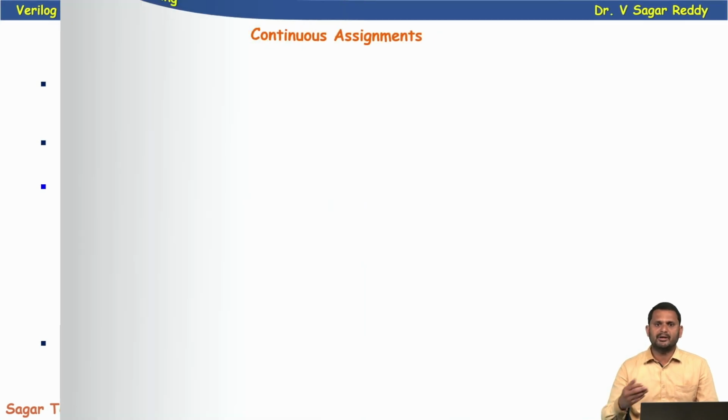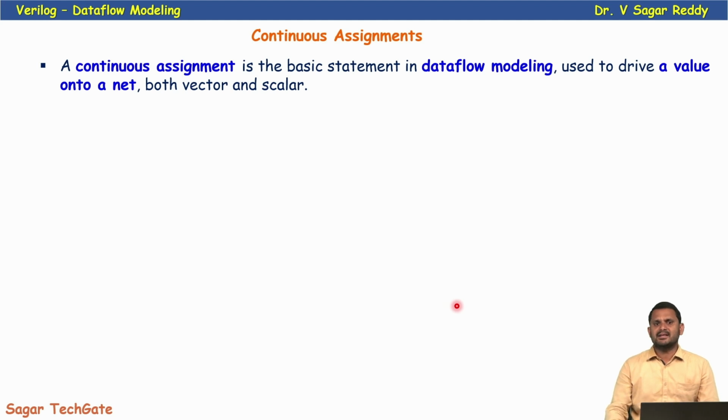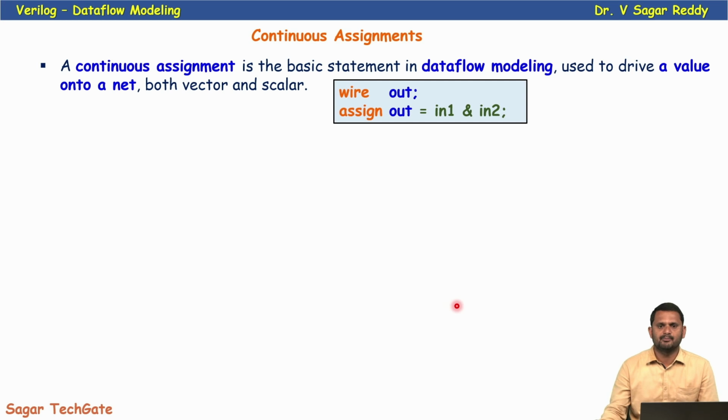A continuous assignment statement is a basic statement in data flow modeling, used to drive a value onto a net, which may be a vector or a scalar. Let us see a simple example: assign out = in1 & in2. What is this? A simple AND gate.